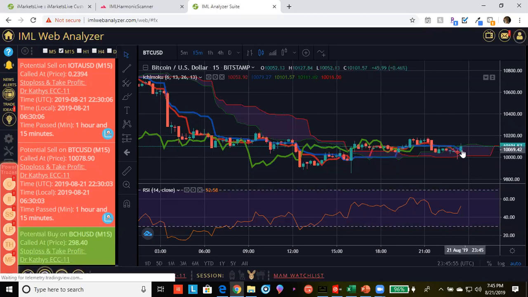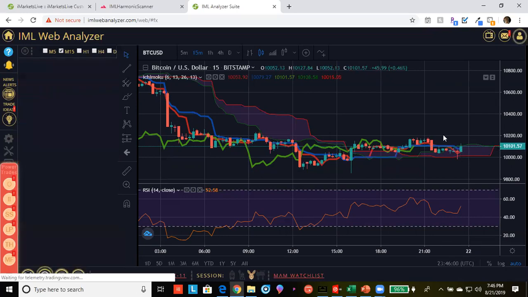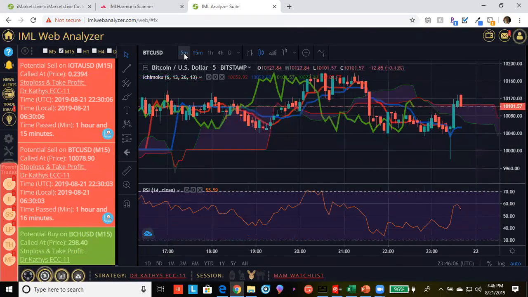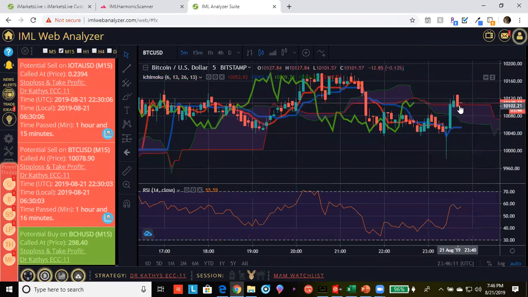Right now, I see some drawback, pullback the other direction. Let's look at another time frame. And that's an hour and 16 minutes passed on it. Okay. It looks more like it's a ranging market now. Yeah, I'm seeing it forming in the direction that we need it to go in.